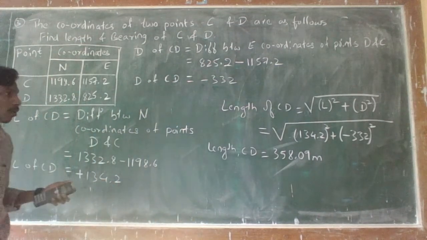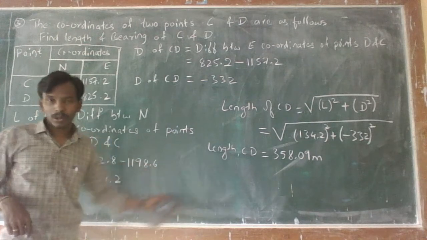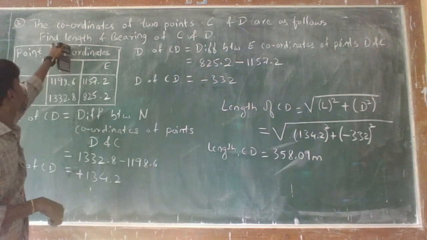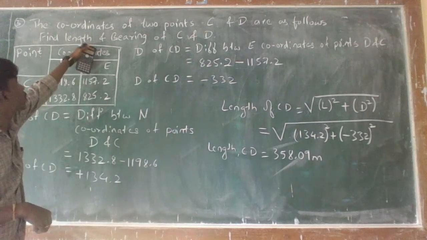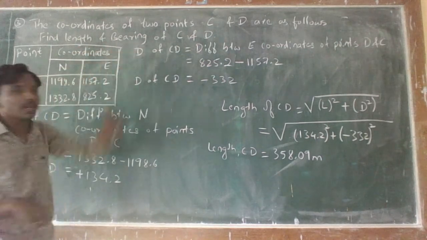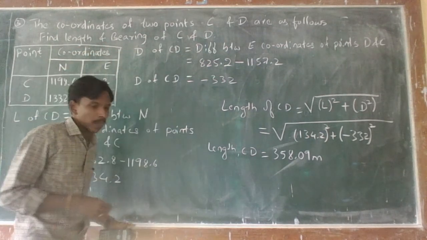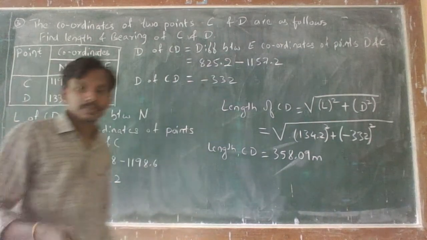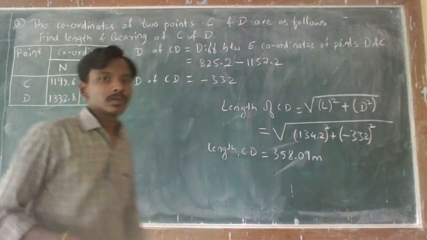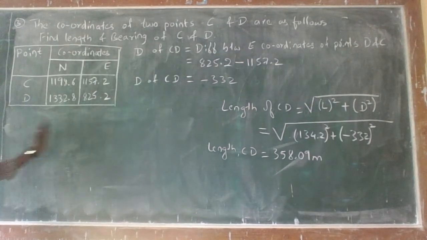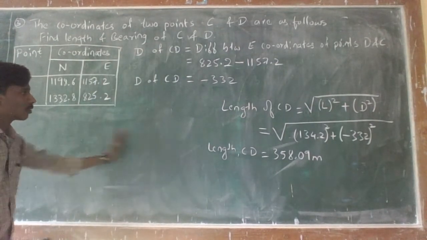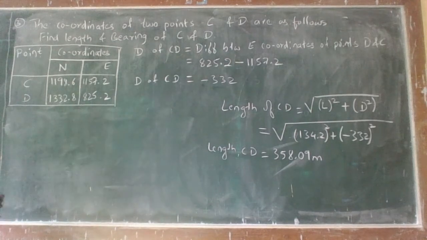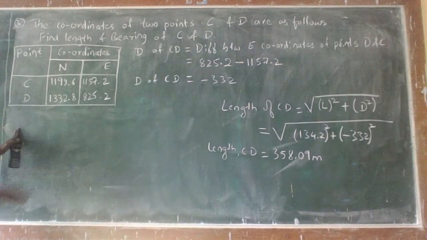Now you have got the length. Now you have to calculate the bearing. So they have asked us to calculate length and bearing. So to calculate bearing, I have arranged the calculations of latitude. Now let's calculate the bearing here.